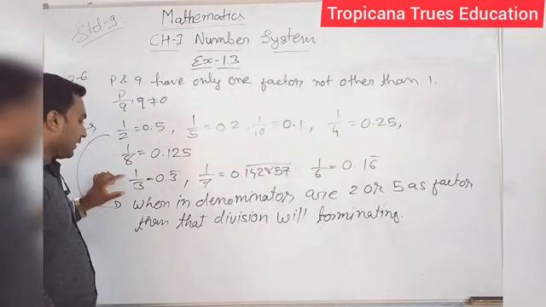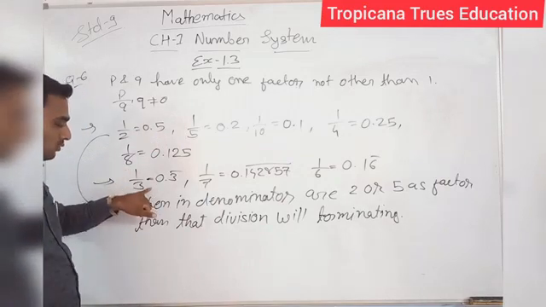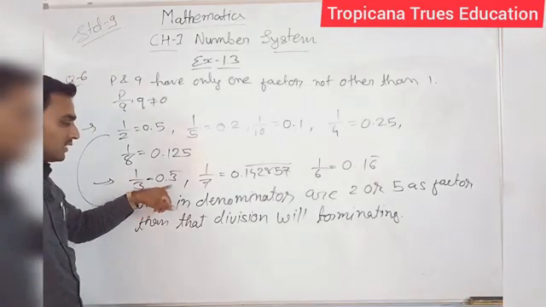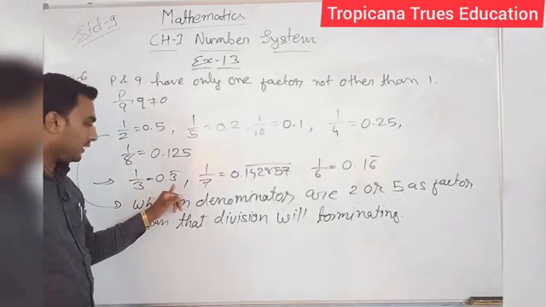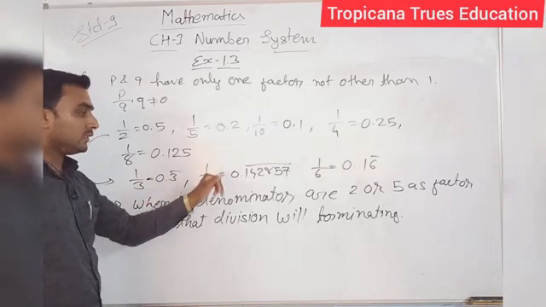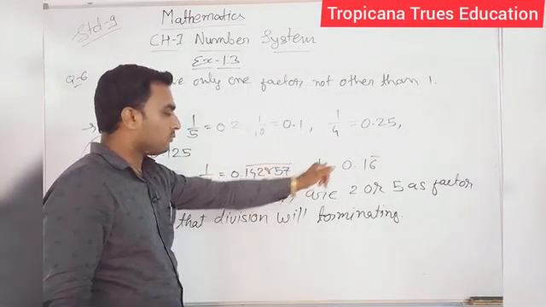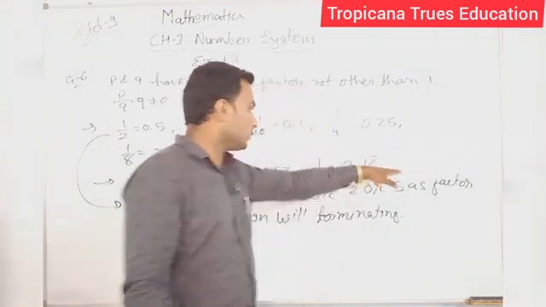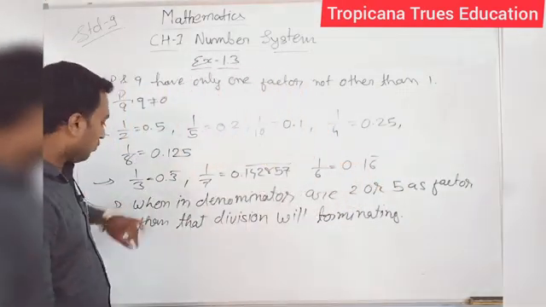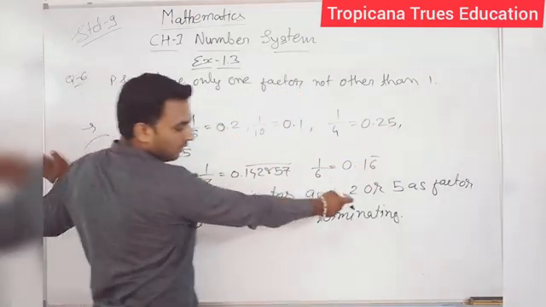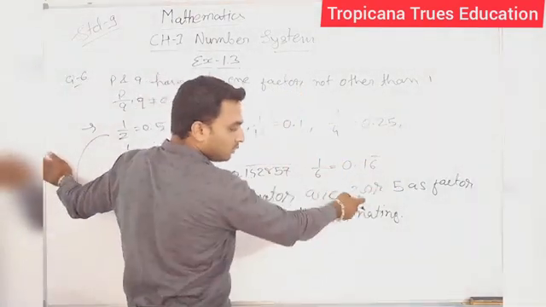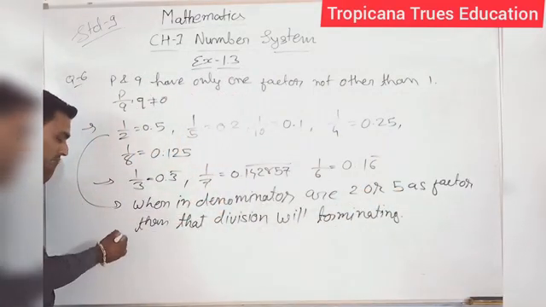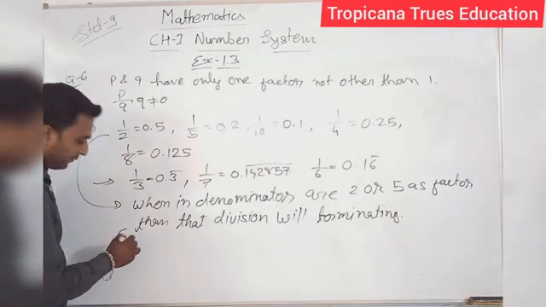Clear? Now here we can say that there is no 2 or 5 as a factor of this one. So that's why this answer will be non-terminating. You can see here 0.333, 0.142857, and here it is 0.16666. So that's why this is non-terminating, this is terminating. So when the denominator has 2 or 5 as a factor, then that division will be terminating.